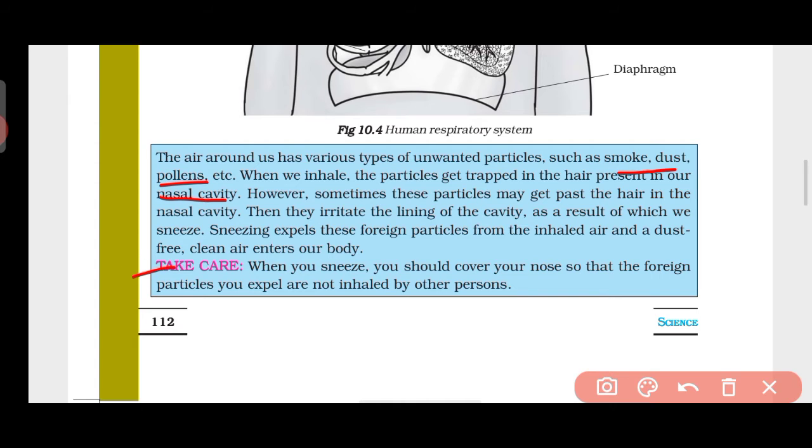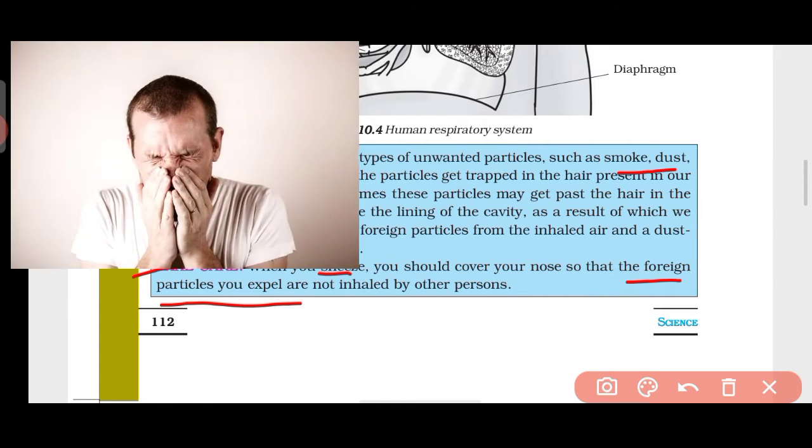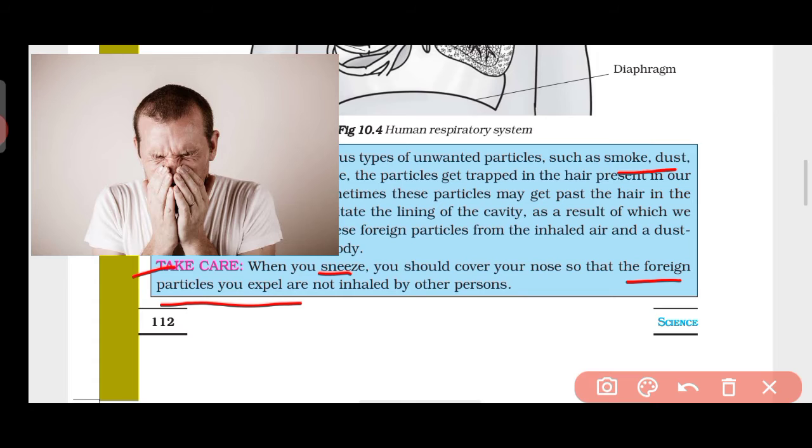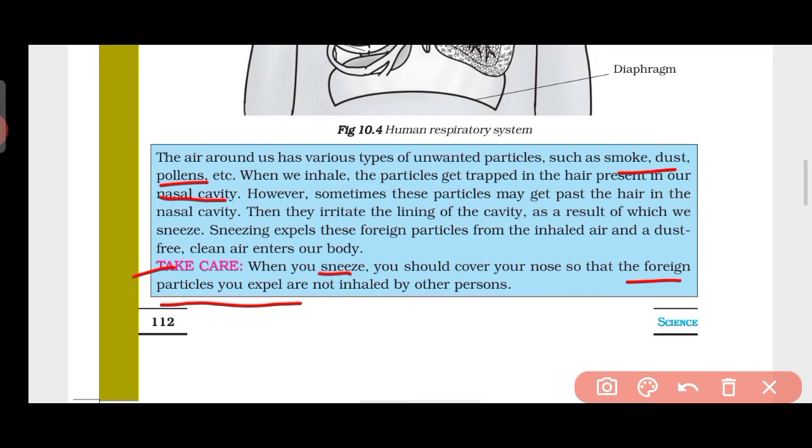Another thing is, take care when you sneeze. Whenever we sneeze, you should cover your nose so that the foreign particles or solid particles you expel are not inhaled by other persons. So when do we sneeze? When there are some solid particles stuck in our nose. Then we sneeze, and by sneezing the solid particles come out, and these may once again go in the air and someone else may inhale them.